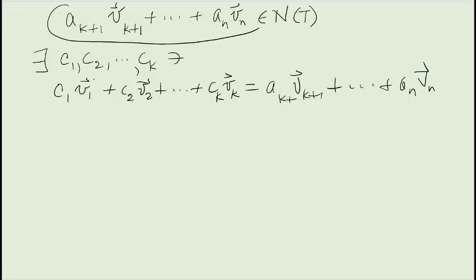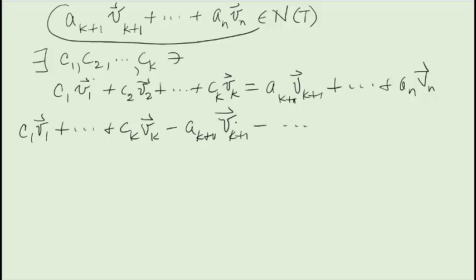Well, if we subtract everything to one side, we have C1 V1 plus up to C sub k V sub k minus a sub k plus 1 V sub k plus 1 minus down to, finally, subtracting off a sub n V sub n. And that is equal to the 0 vector in V.